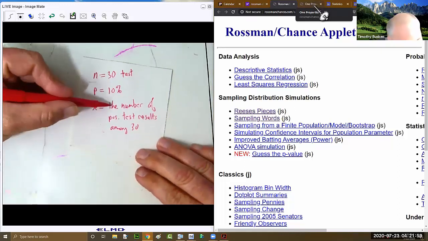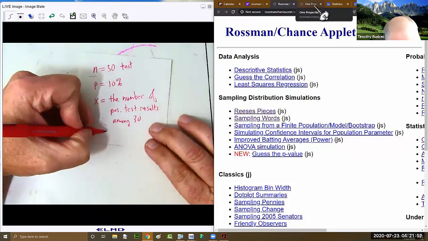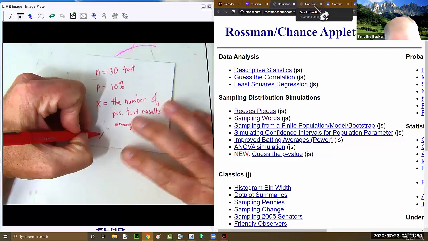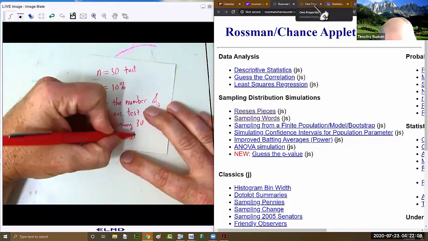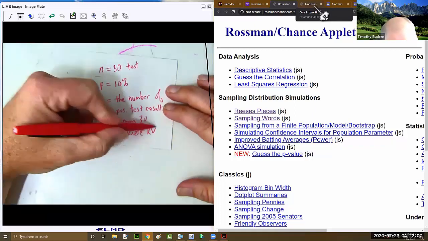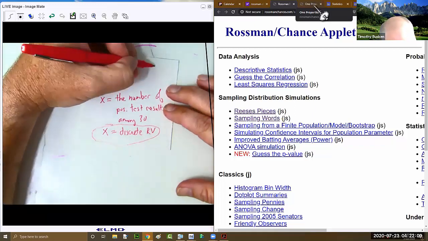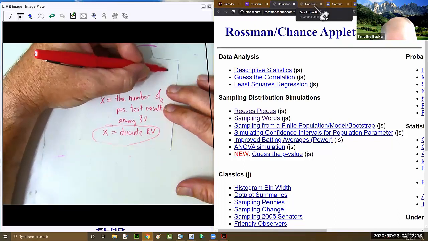So X is the binomial random variable representing the number of positive test results among 30. And X is a discrete random variable, because the values of X are the numbers 0, 1, 2, all the way up to 30.